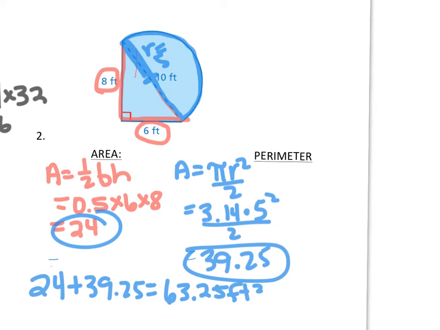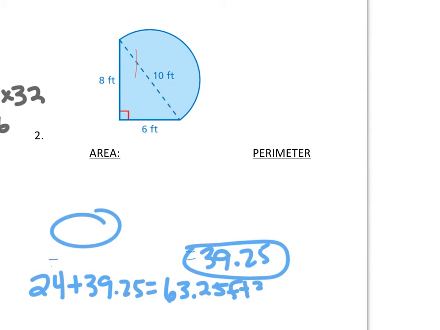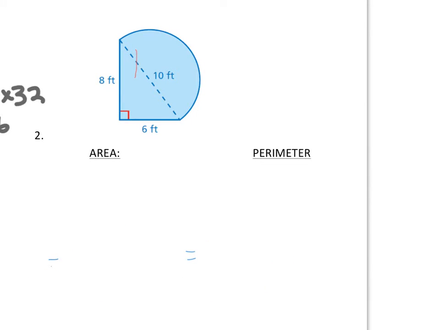Now to find the perimeter, we're going to use 6, we're going to use 8, but we need to find the circumference of the semicircle. So in order to do that, I'm going to use circumference equals pi times the diameter because they're giving me 10. I usually just use what they give me.